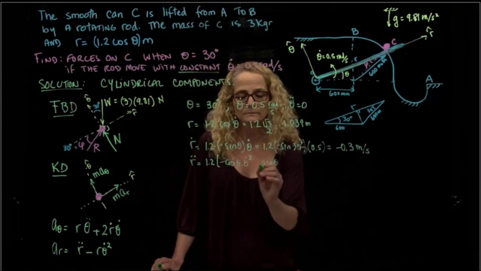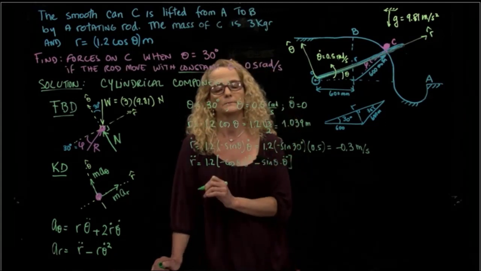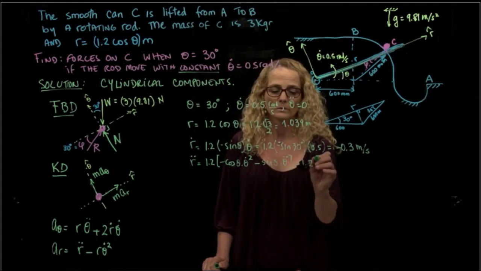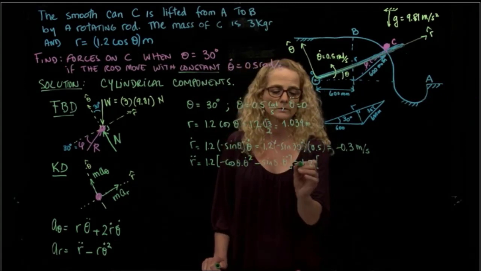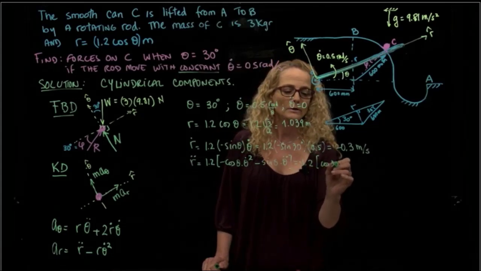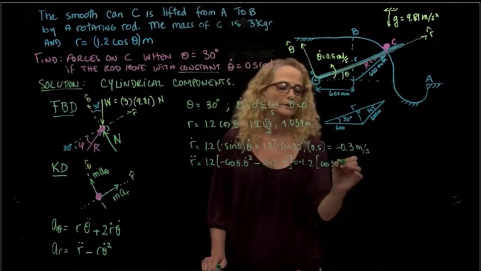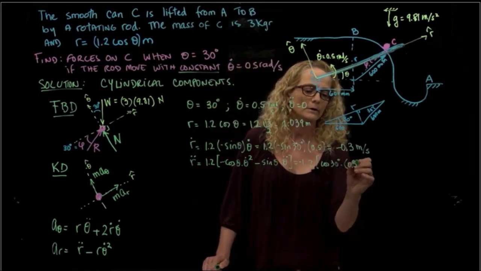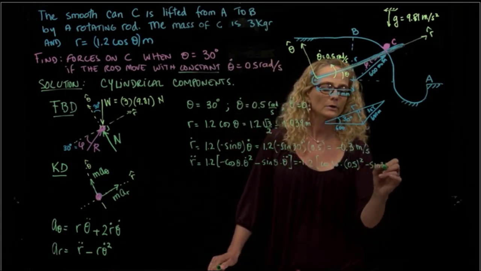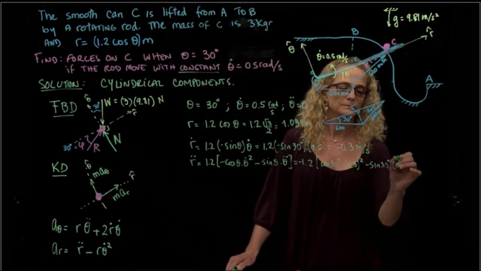times the derivative of the second function over time. So that will be 1.2, I can actually put the negative sign outside, cosine of 30 degrees times theta dot square, which will be 0.5 square, minus sine of 30 times theta two dots, and theta two dots is 0.